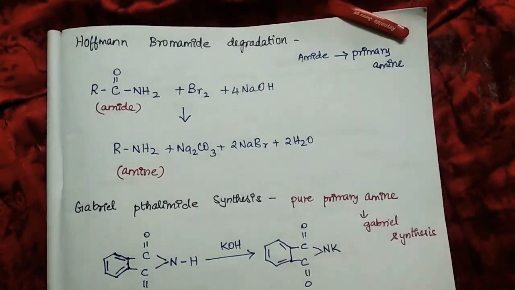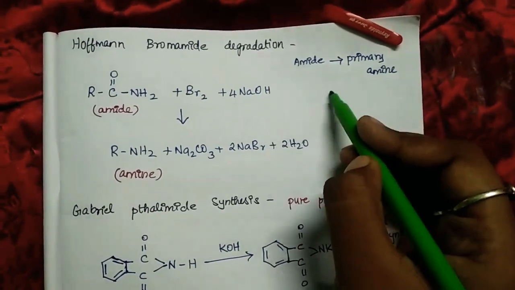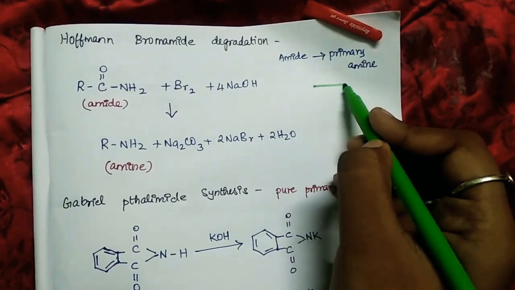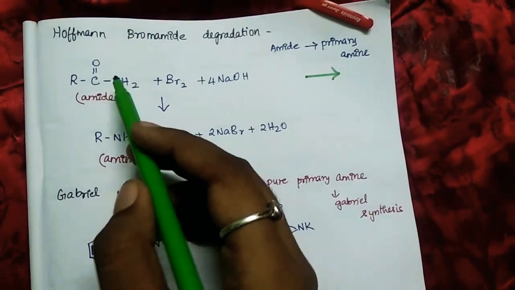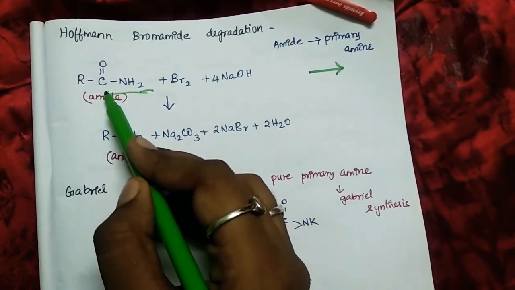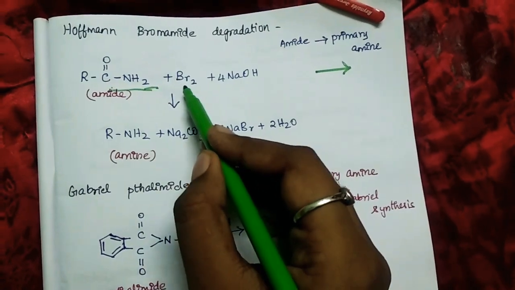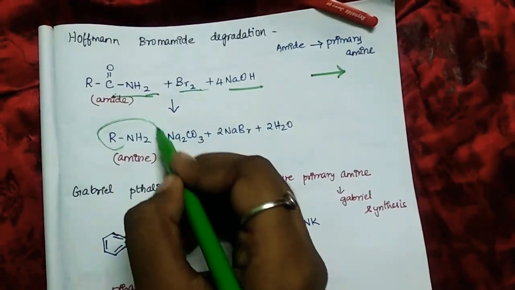The next reaction is Hofmann-Bromamide degradation. In this, an amide is converted into a primary amine. Amide consists of a carboxylic group with an amine group, so it's called an amide. It reacts with bromine and sodium hydroxide to give an amine.